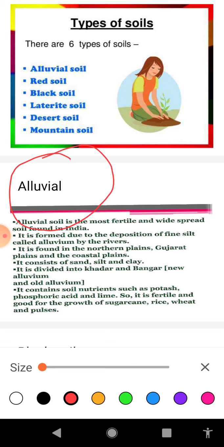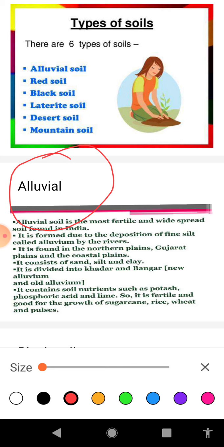On the basis of formation, soil can be of two types, transported and residual. Alluvial soil is an example of the transported variety, and black soil and red soil are examples of the residual variety. Means soils like black soil, red soil, laterite soil have been formed in situ. Situ means the place of origin.